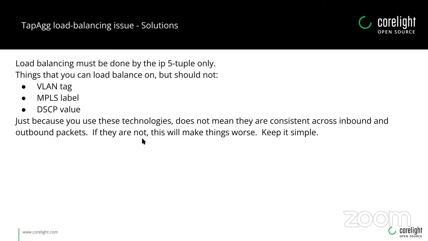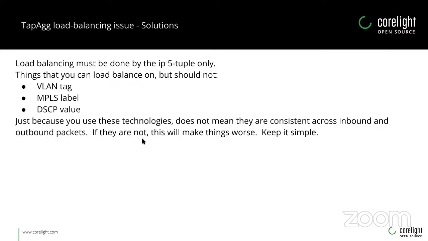Many TAPAG load balancing systems let you configure load balancing based on other attributes like VLANs, MPLS labels, DSCP values for QoS. But, and here's the critical thing, just because you use these technologies doesn't mean that these values are all consistent, and this will make things worse.